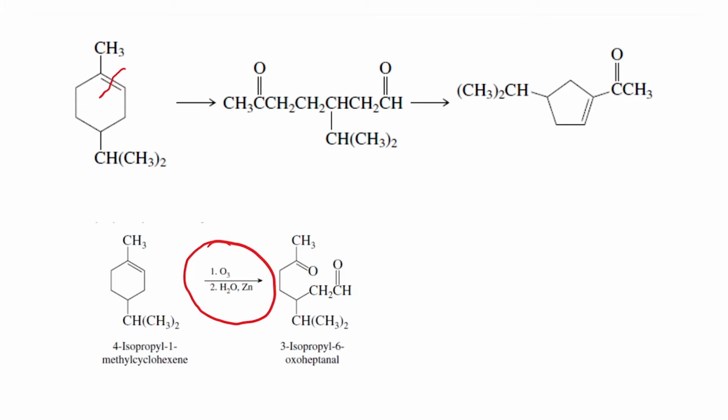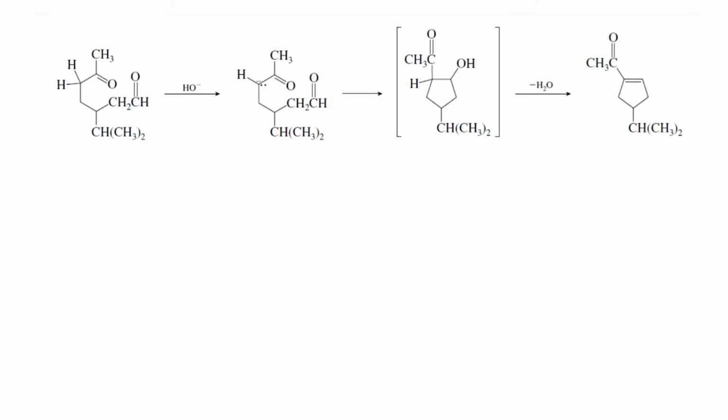In order to be systematic in this question, you need to number the carbons and follow the numbering very carefully. So please go ahead and do that, and you will see that this is the product that is formed out of ozonolysis followed by reaction with zinc.